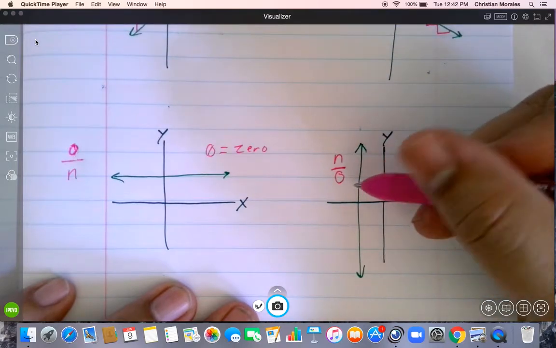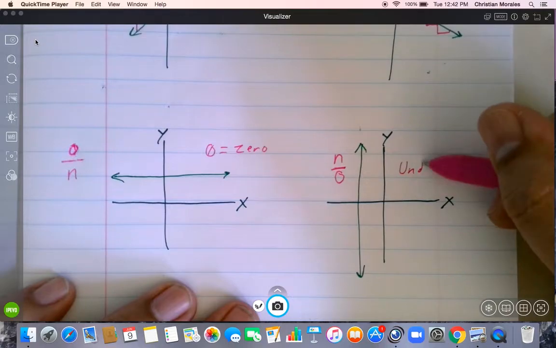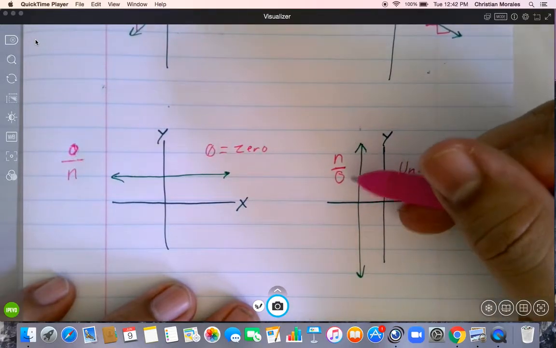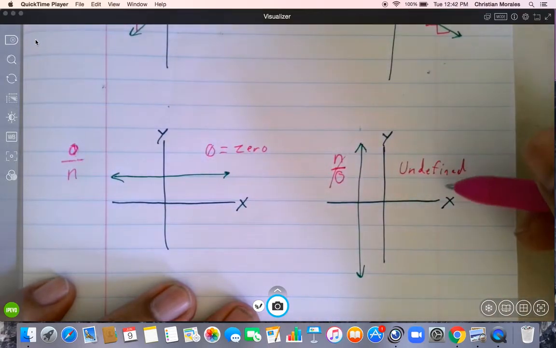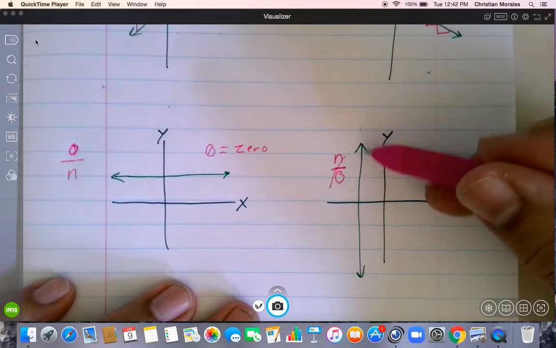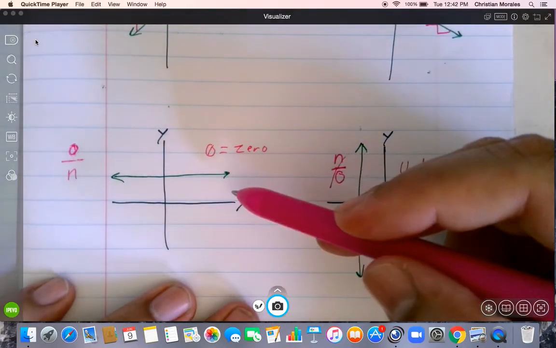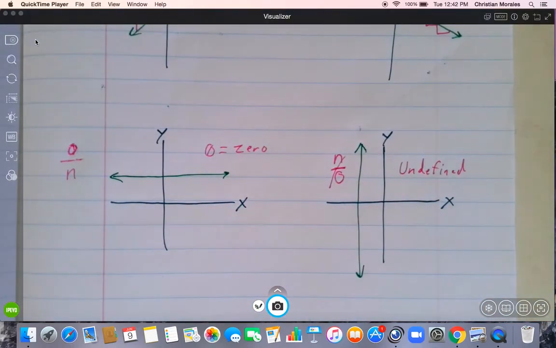Now, this is not a slope of 0. We call this slope undefined. And the reason is, in the formula, you can't divide by 0. This is not allowed. So you say that the slope of a line that is vertical is undefined. If the line is horizontal, the slope is 0. Okay? And that's basically slope.